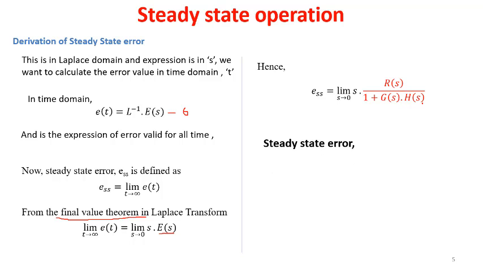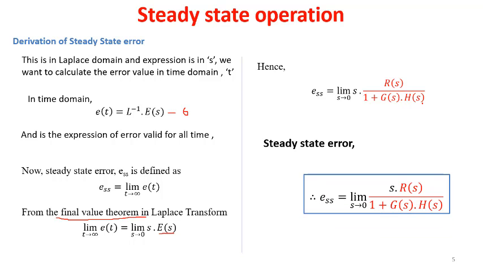Hence steady state error equal to limit s tends to 0 s into R(s) divided by 1 plus G(s) into H(s).